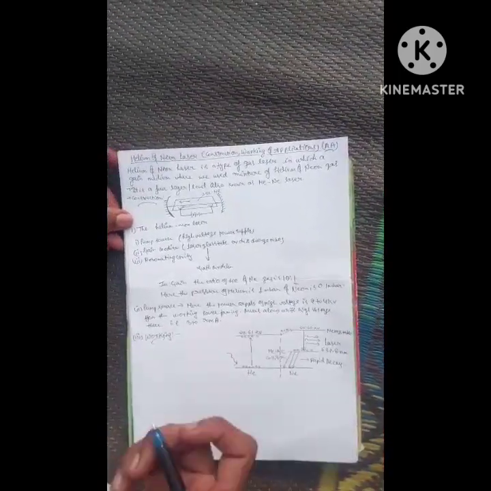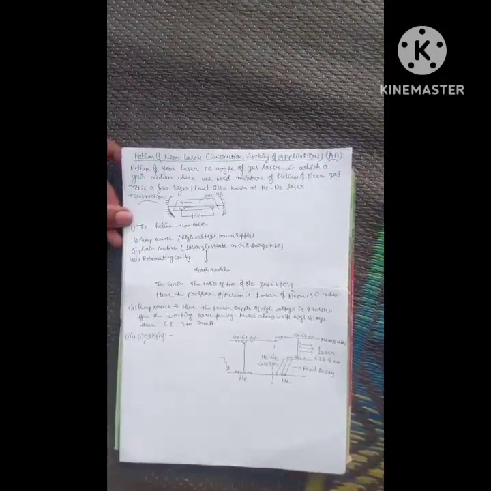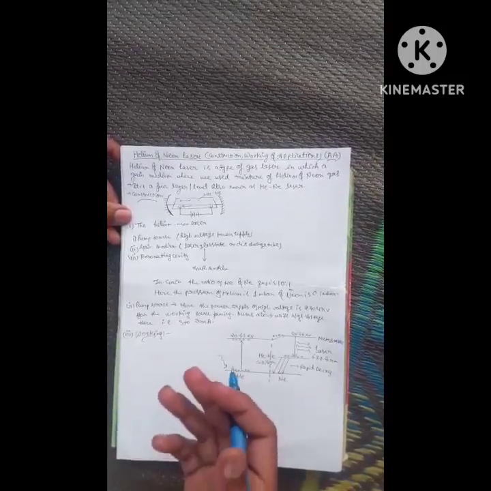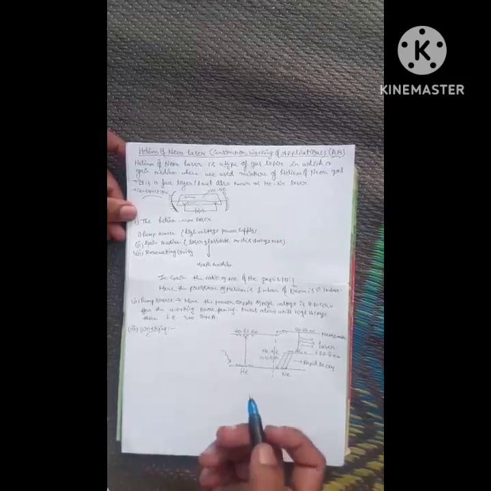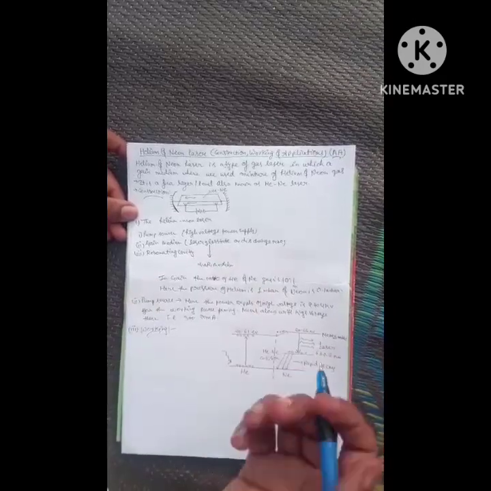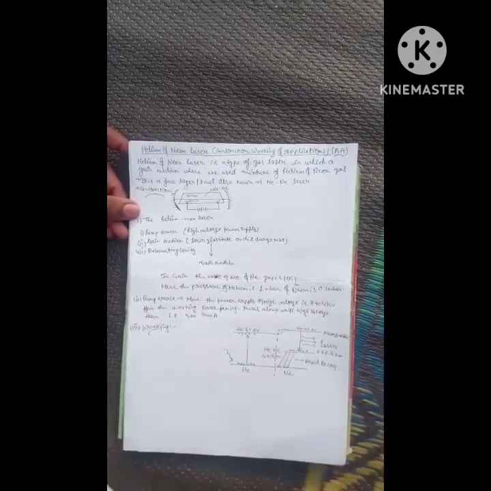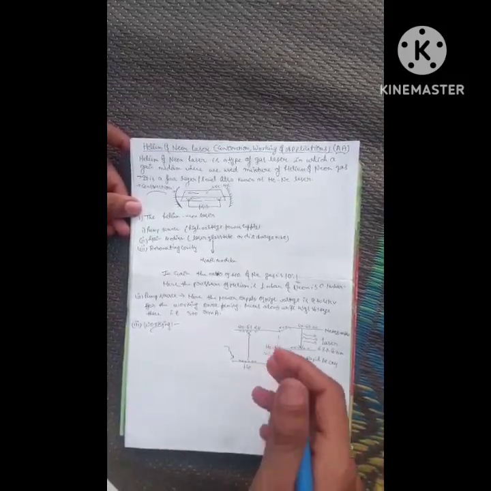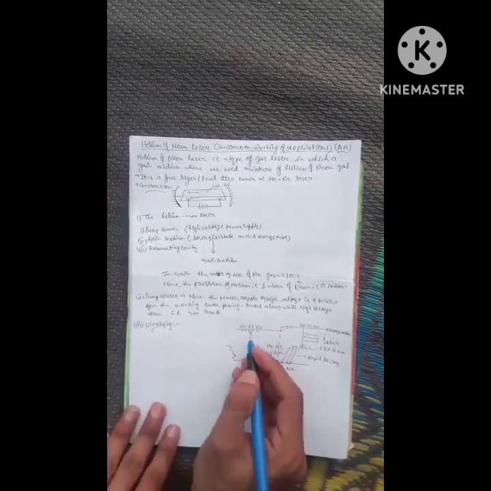Now let's talk about its working. When the current flows through the gas, the mixture of helium and neon gas, its energetic electrons transfer some of the energy to the helium. Then the helium electrons get excited from the ground state and jump to the excited state.